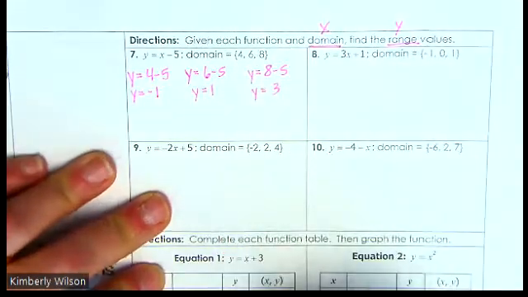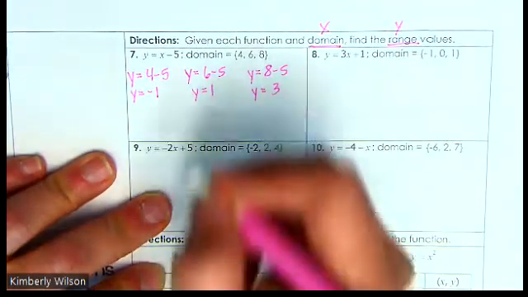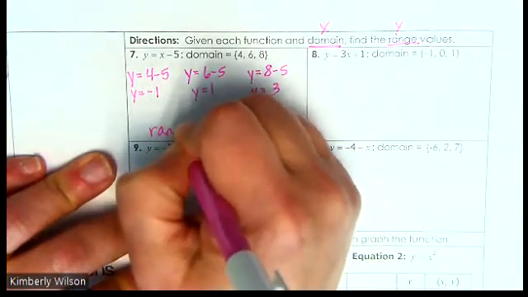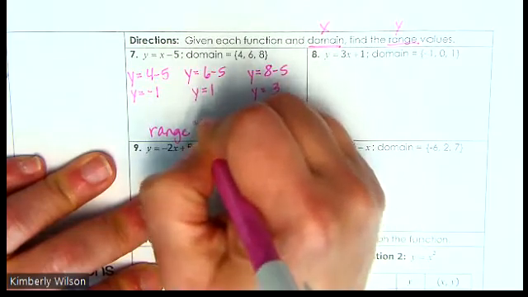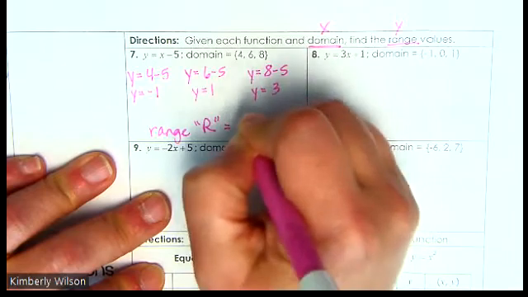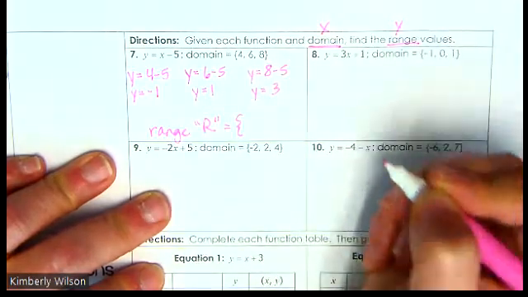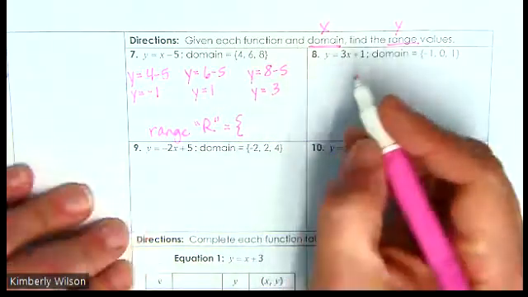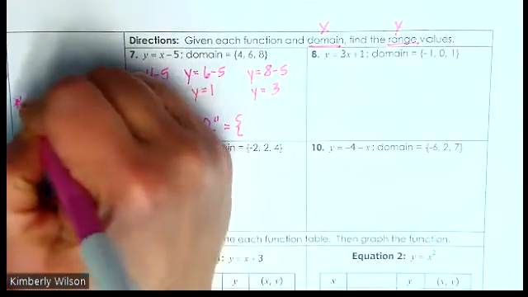Now, to write this answer, we write range. I'll be nice and let you write just the capital R, equals curly bracket. And then we write these numbers in order from least to greatest.